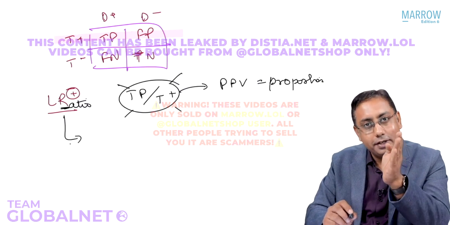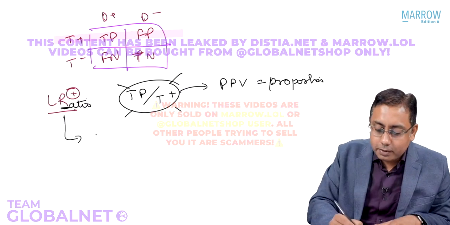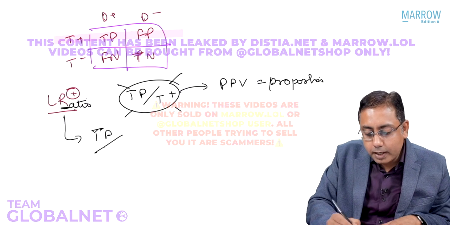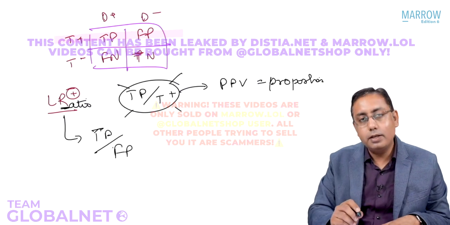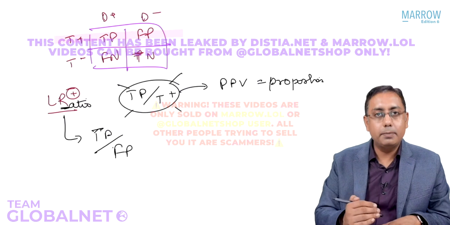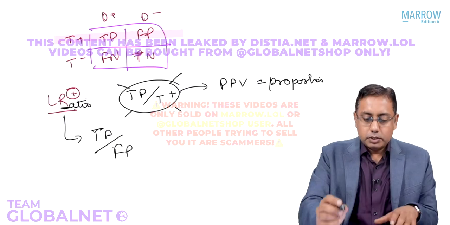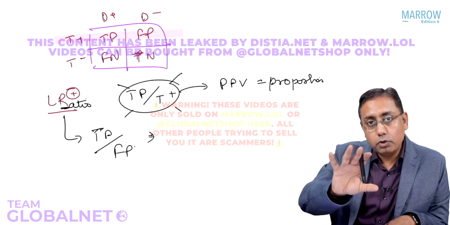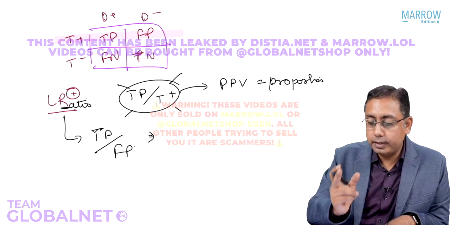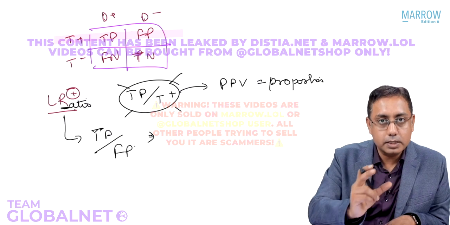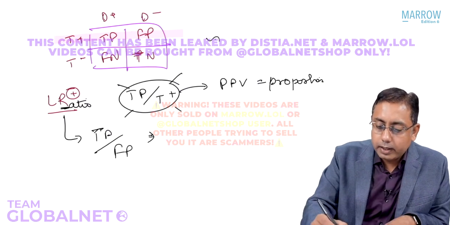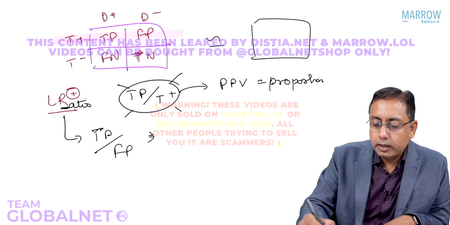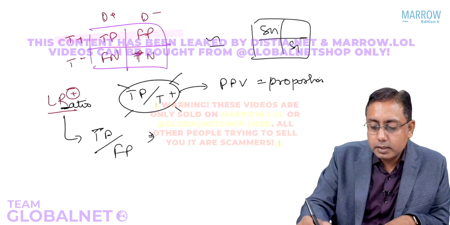The likelihood of having disease if the test is positive will be given by the formula true positive divided by false positive. That is the likelihood ratio. True positive divided by false positive, right? Now, in the last module, we had correlated this: this is sensitivity, this is specificity, 1 minus specificity, 1 minus sensitivity.